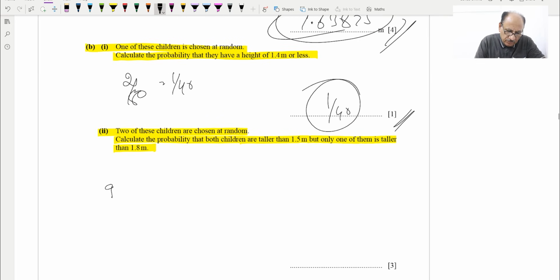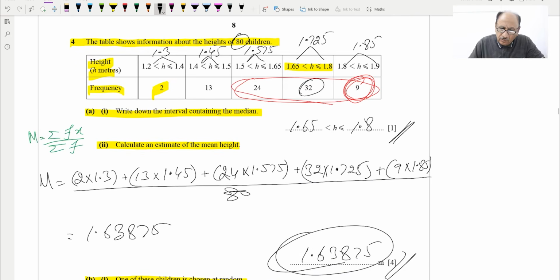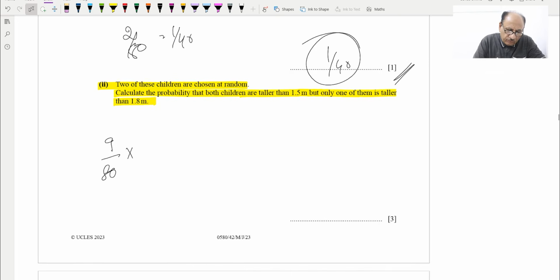One student will be 9 out of 80 and the other one will be from these two. So 24 plus 32 will be 56. So 56 out of 79, one less because one is already chosen. And these can be two options. One option can be this one and the other option can be 56 over 80 into 9 over 79.